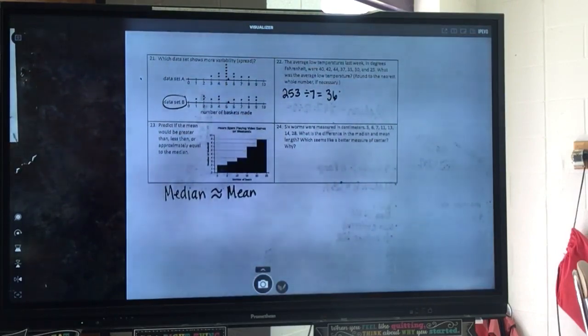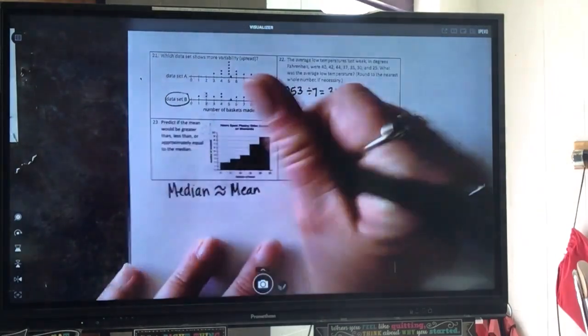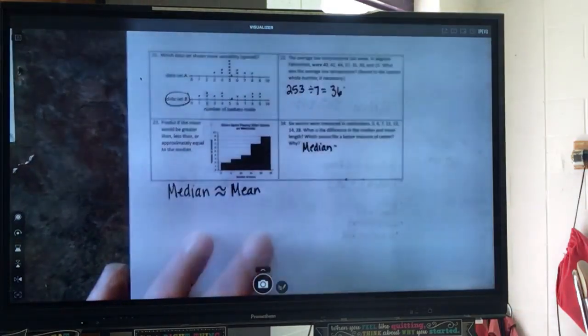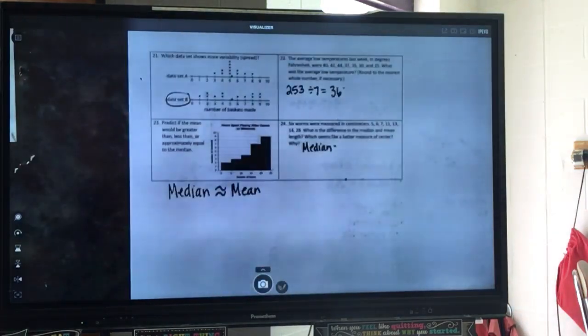All right, number 24 says 6 worms were measured in centimeters: 5, 6, 7, 11, 13, 14, and 28. What is the difference in the median and mean length, and which seems like a better measure of center? All right, so what did you get when you found the median? Troy, you were finished, right? So what'd you get?